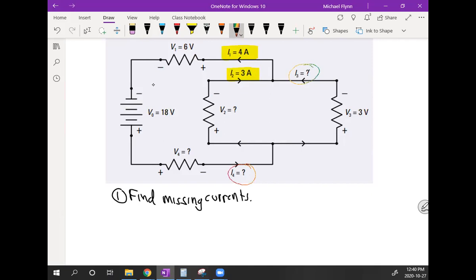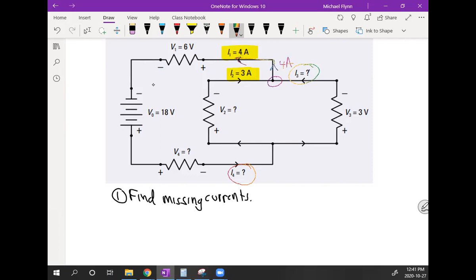Let's start at the top of the picture and see if we can fill in one of the blanks, I3. Look at this junction here. In that junction, I've got 4 amps coming out that are making their way this way.